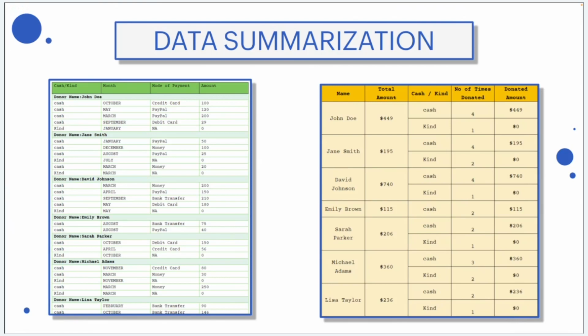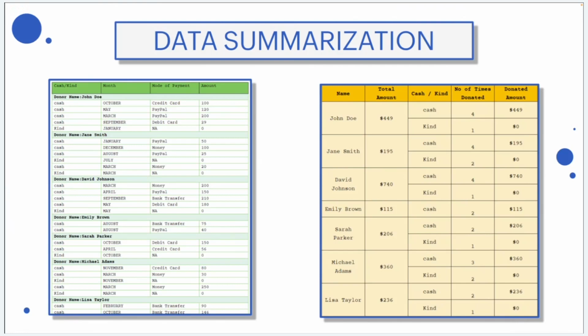That is, it shows all the donations made by a donor by grouping them together based on a specific condition. This is actually the previous example that we were talking about. Here, as you can see, it has the donor's name and all the donations done by him. So, for example, there are four cash donations made by this particular donor, but each and every donation is listed out separately.